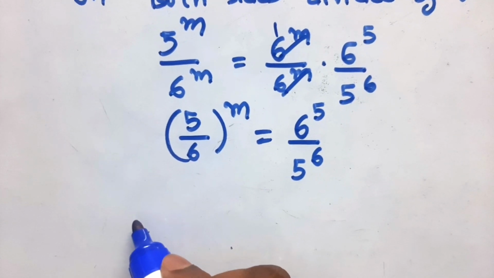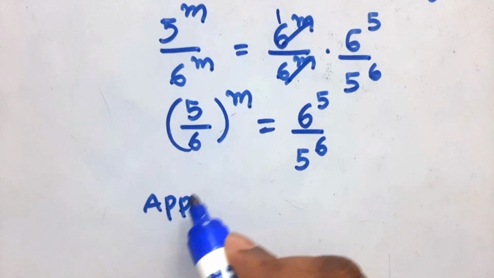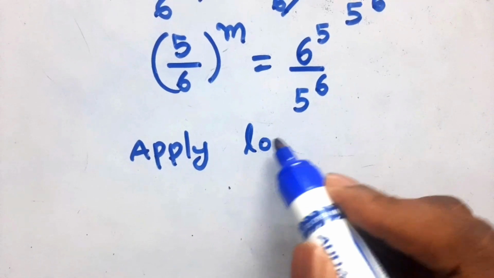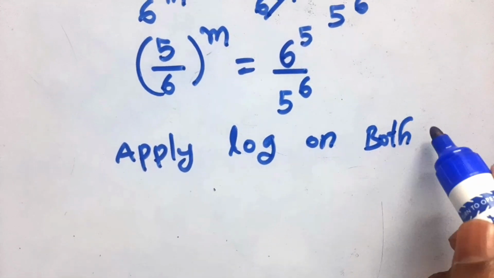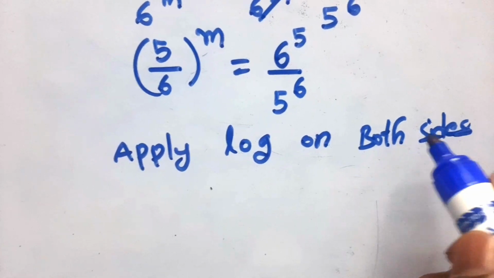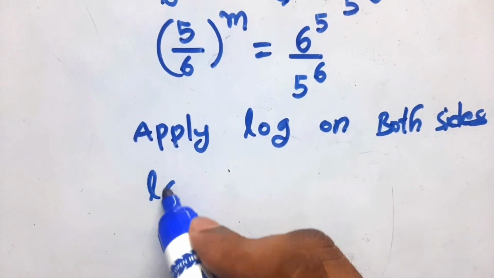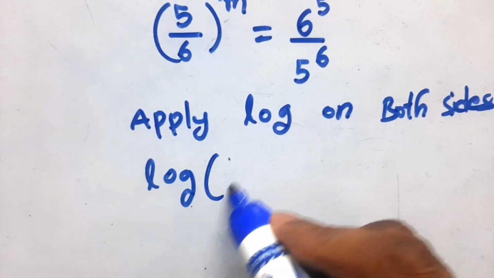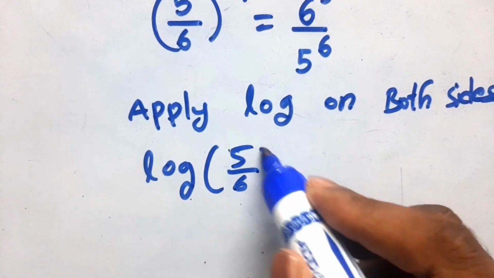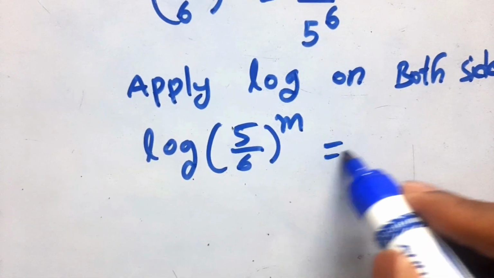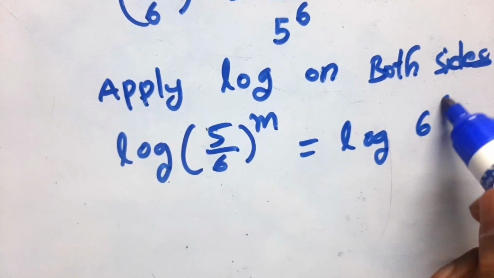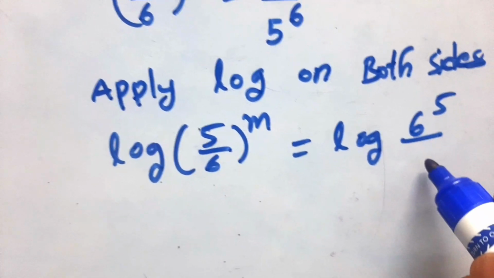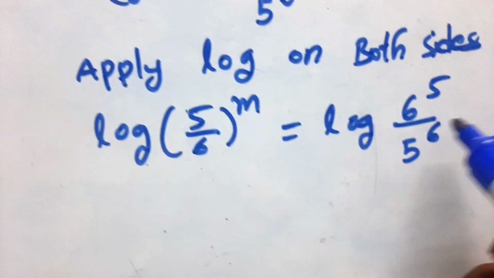Next, apply log on both sides. This will be log 5 by 6 whole to the power m is equal to log 6 to the power 5 divided by 5 to the power 6.